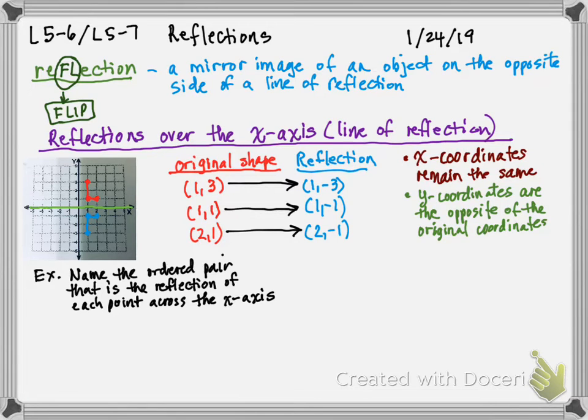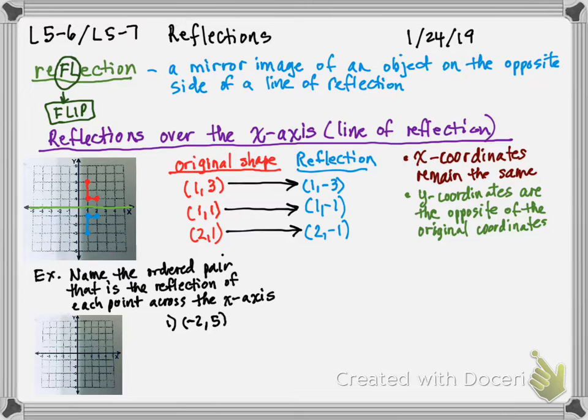Okay, so what I'm going to do is go ahead and pop up another grid for us. Okay, so there it is magically appearing, and we have 2 questions we're going to answer. It's going to ask us to find the ordered pair that is the reflection of -2, 5.